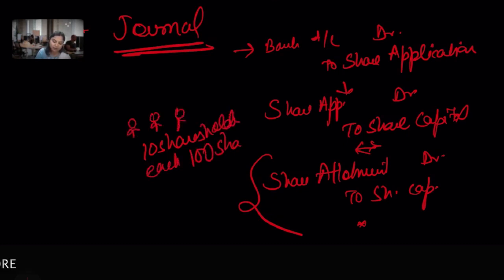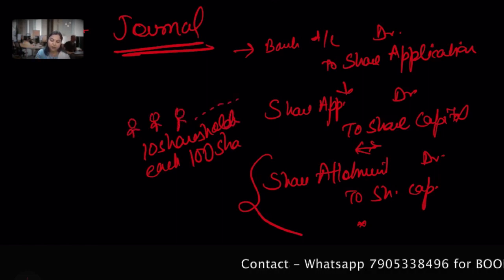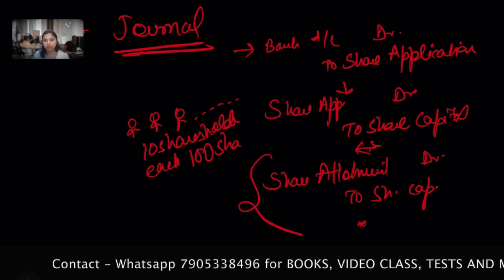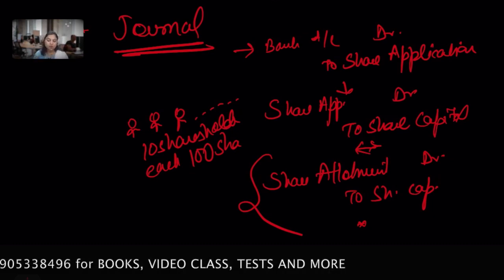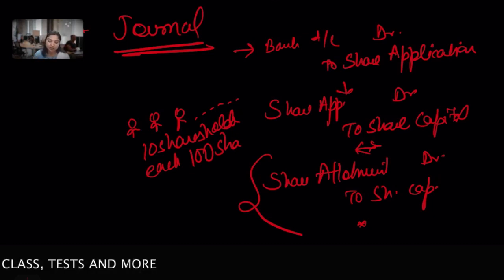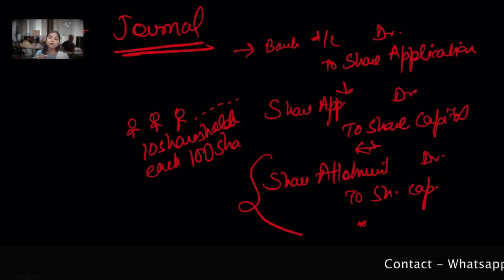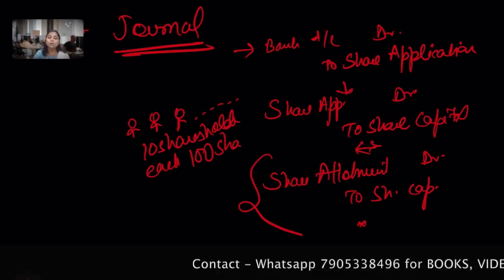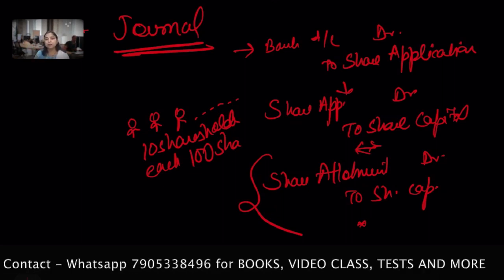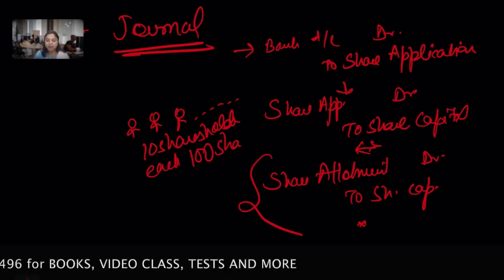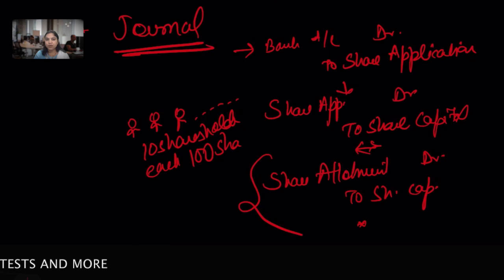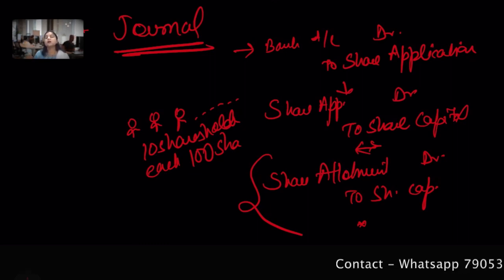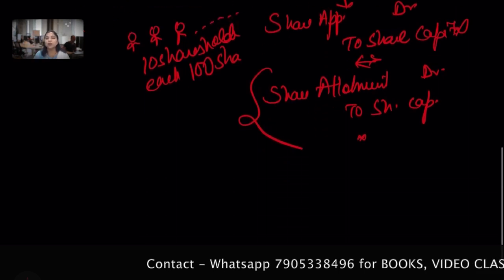It's an example. If I call all 10 people to pay, everybody is ready to pay me the application money, oh sorry, allotment money. Okay, so I raise the share allotment. It may be a first call, it may be a second call, it can be anything.